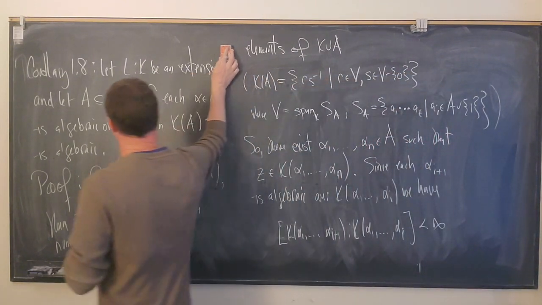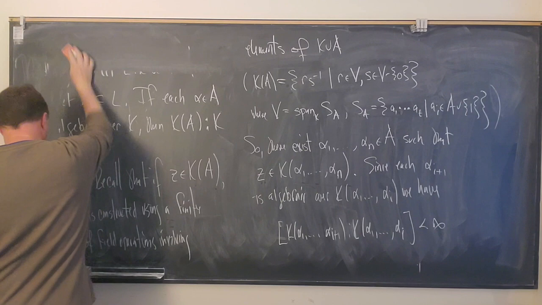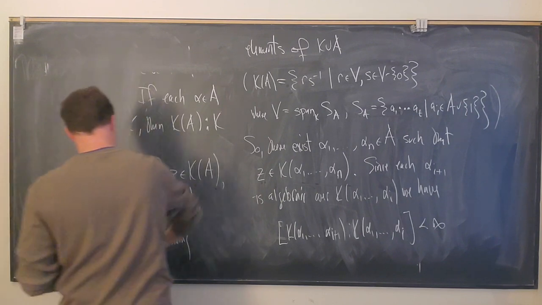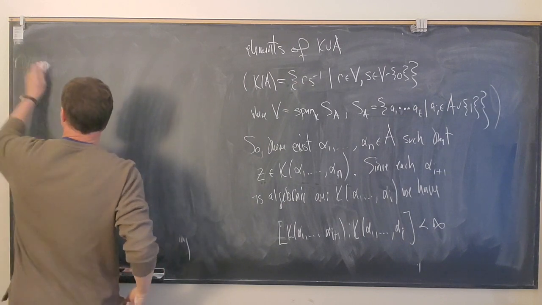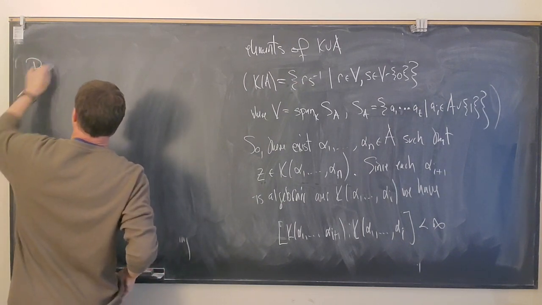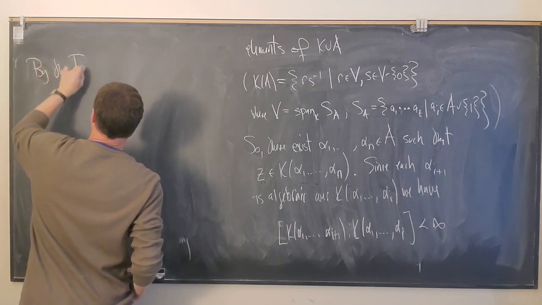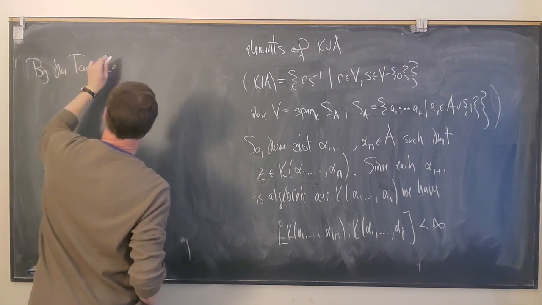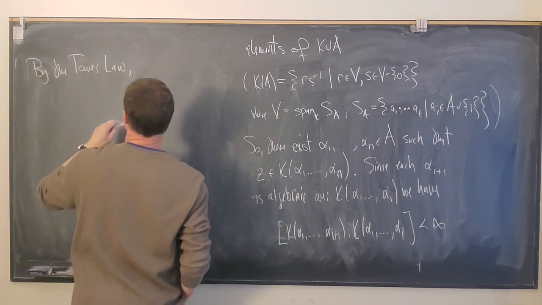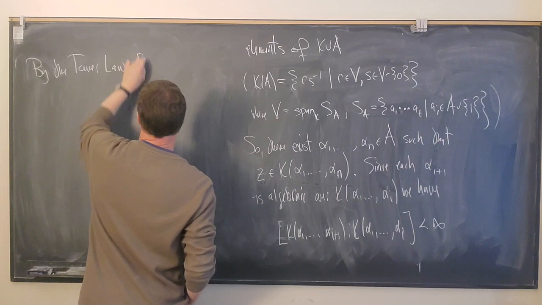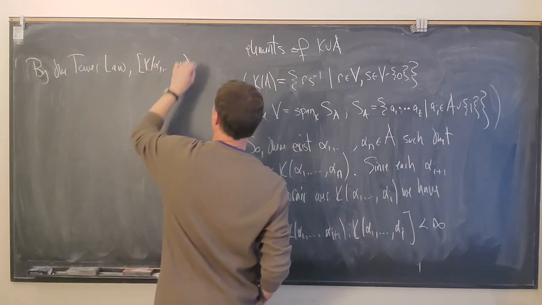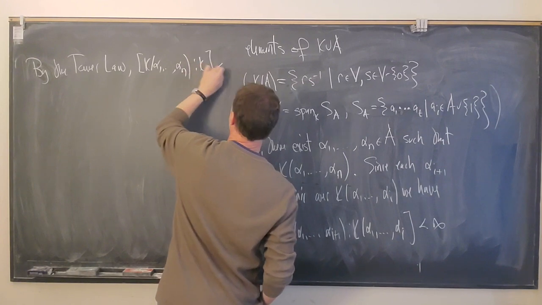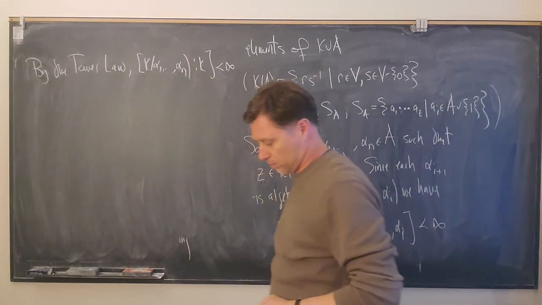So by the Tower law, the full extension K adjoin alpha 1 up through alpha n over K is finite.